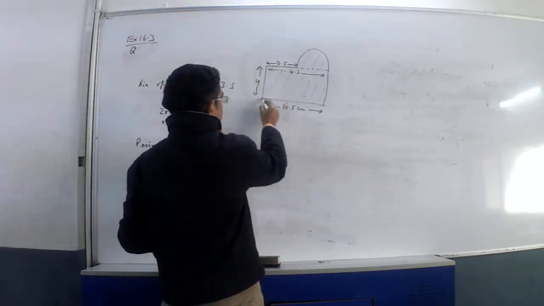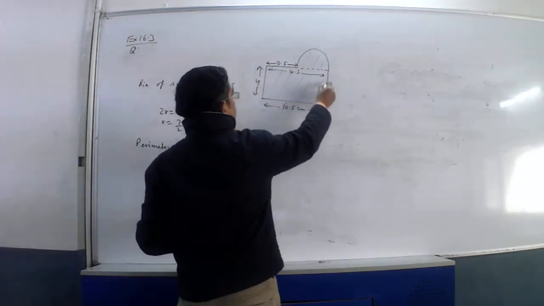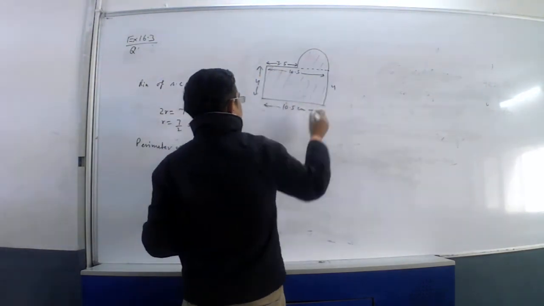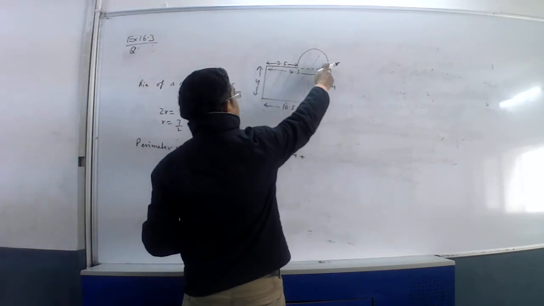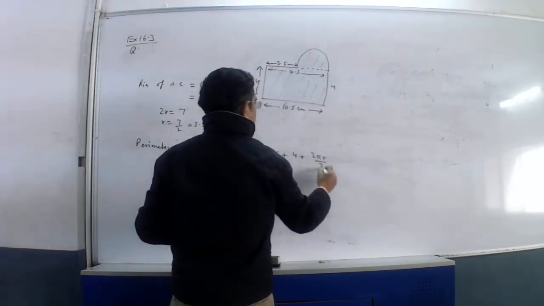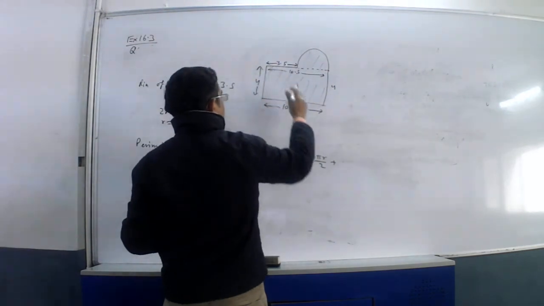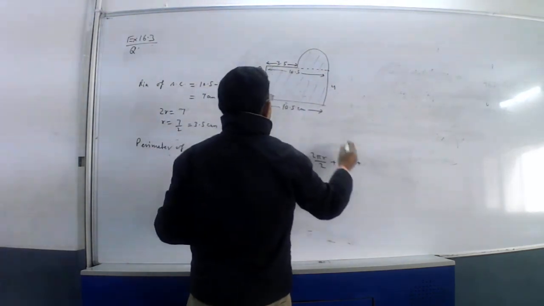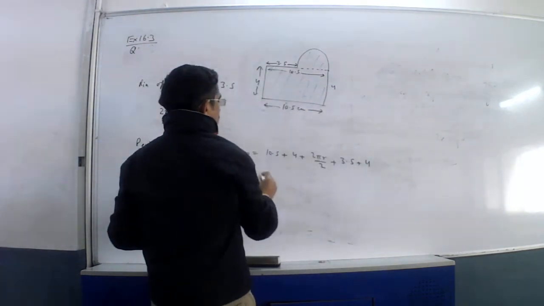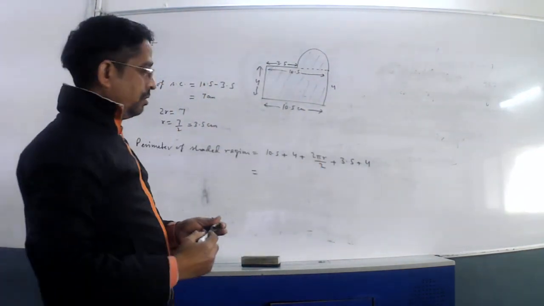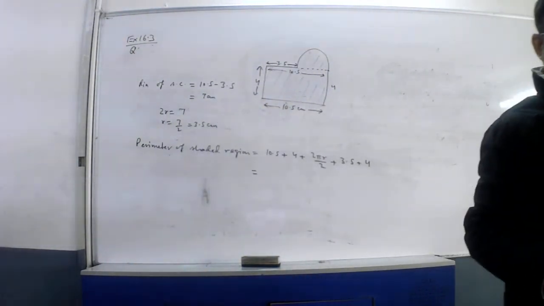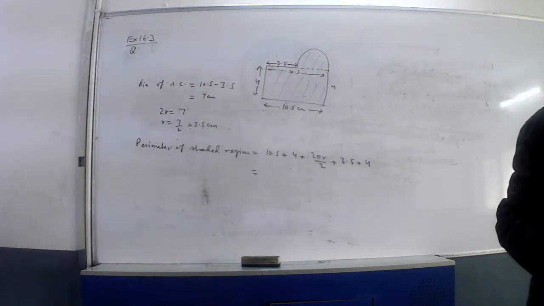You start from here, this point, 10.5 plus this length, which is 4, because this is 4, so this will also be 4, plus this semicircle, that is 2 pi r upon 2, plus this length 3.5, plus this length plus 4. Now you can add all together and place the value of r to find the total length.